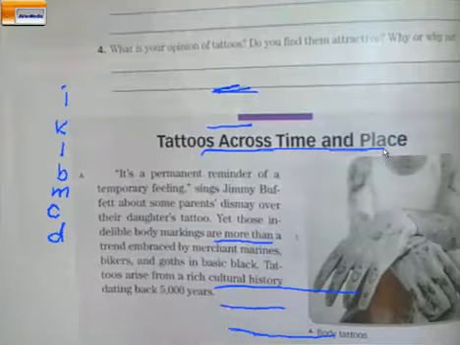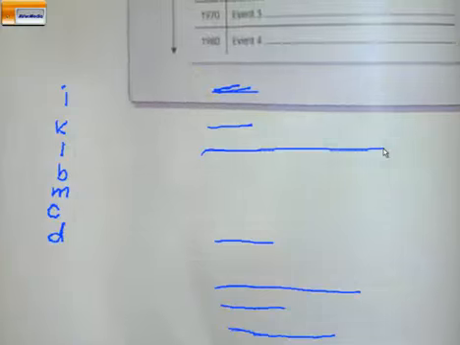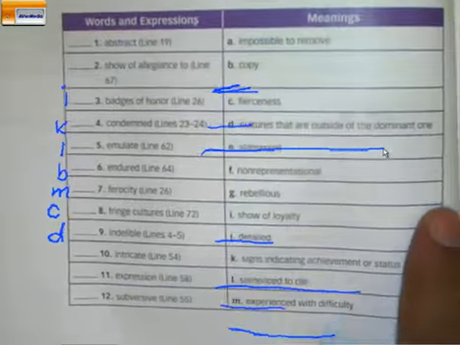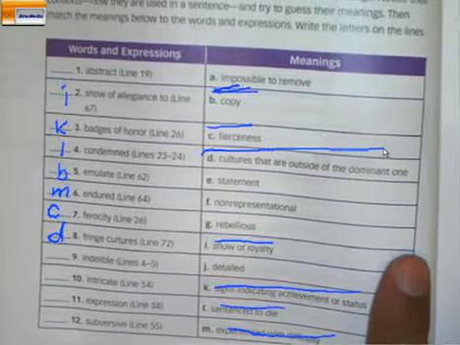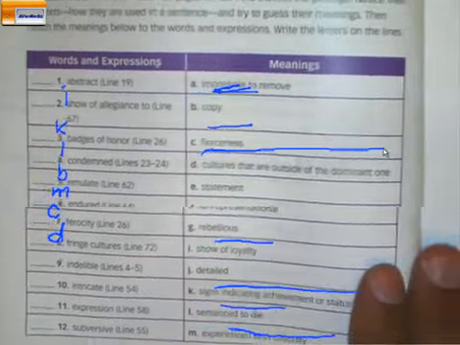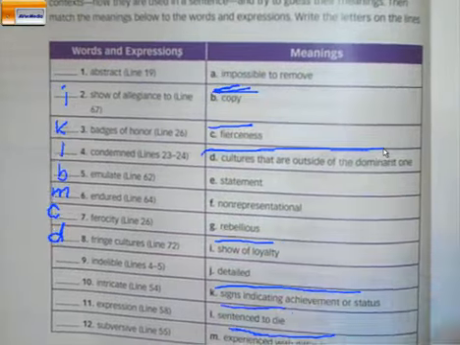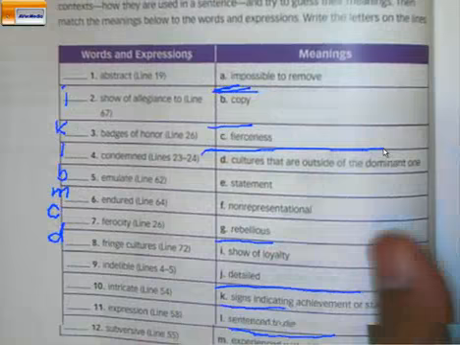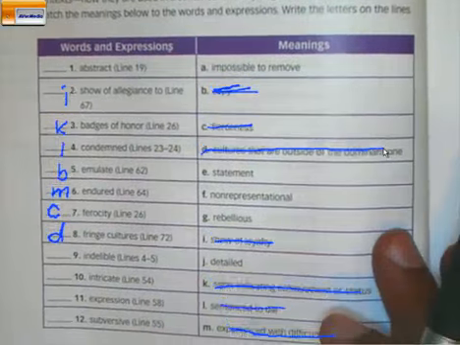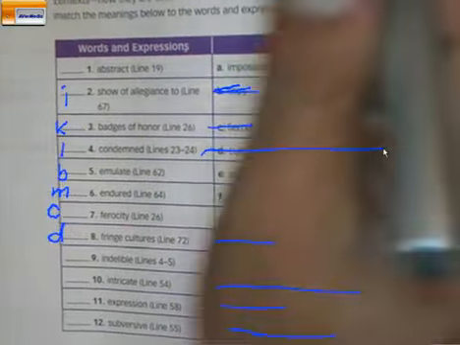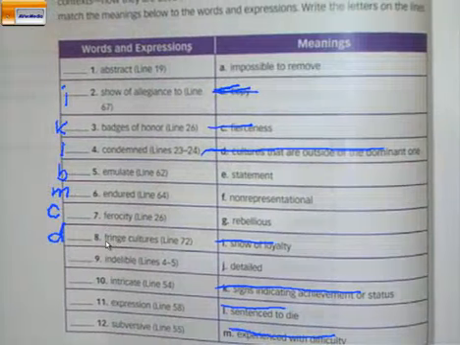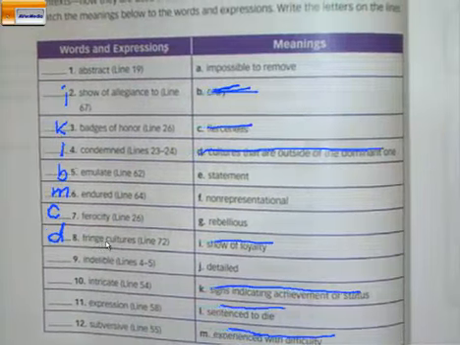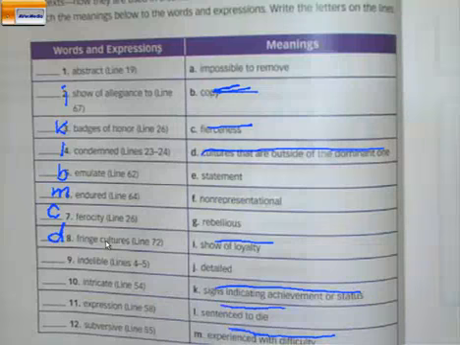Indelible. When something is indelible, that means impossible to remove.